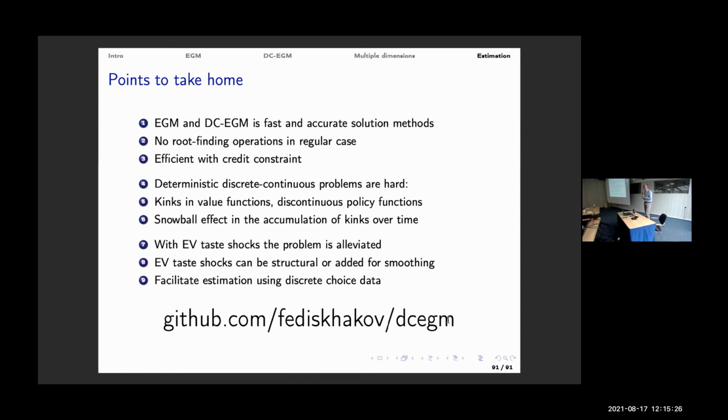One of the papers that Michael mentioned this morning is the one by Blundell, Costa Dias and Shephard on the female labor supply decision. And there, in the appendix, they write they tried to apply the DCEGM approach and failed. So maybe is there any actionable information from this failure as well? Were they in contact with you, and is there something particular about their setting? So we had very interesting and enjoyable conversations with them.